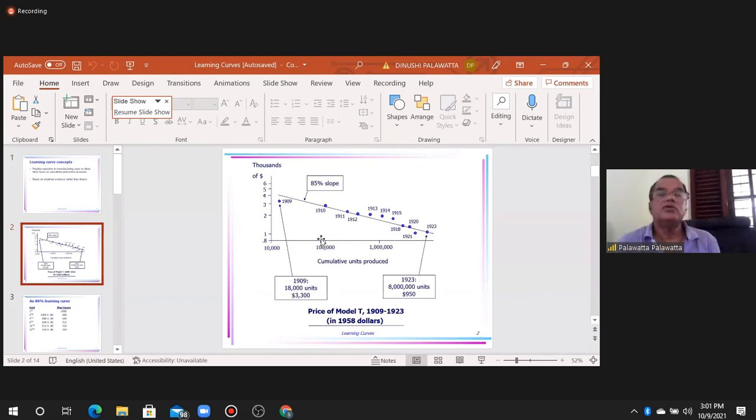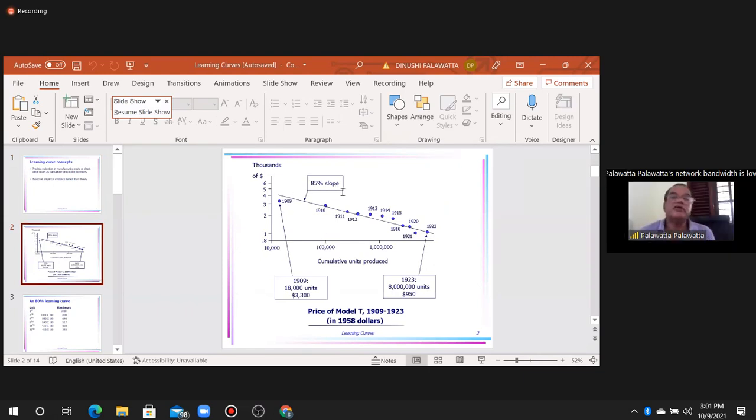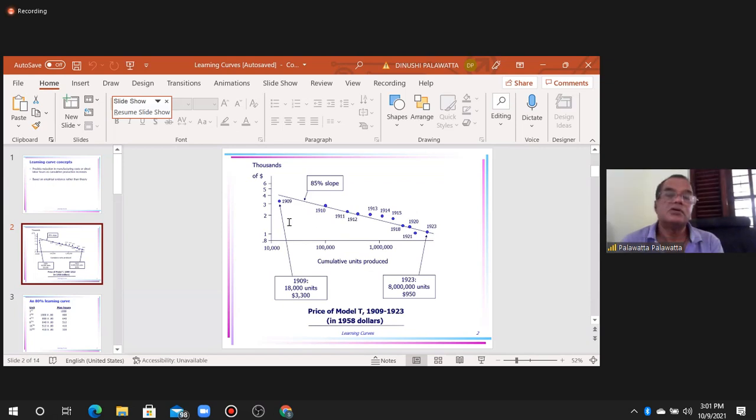So if you take, let's say, 85% slope, here, horizontal axis, you have cumulative units produced.